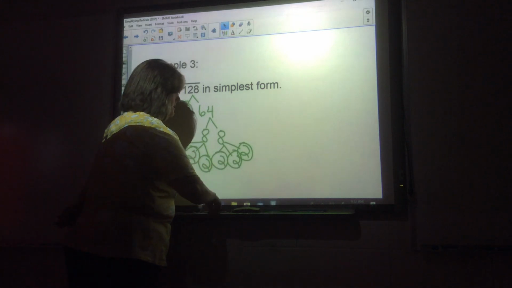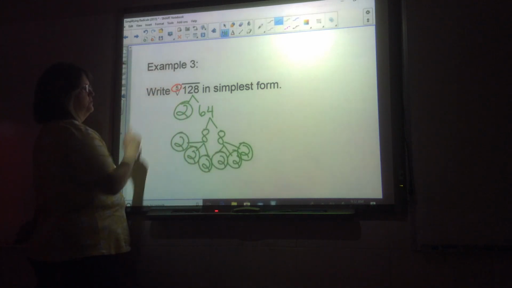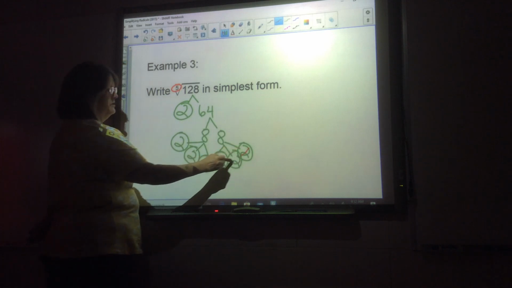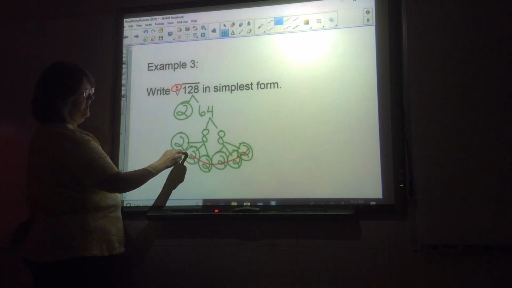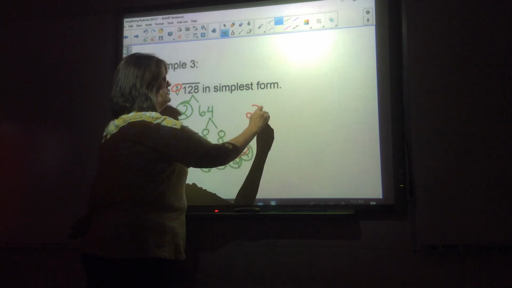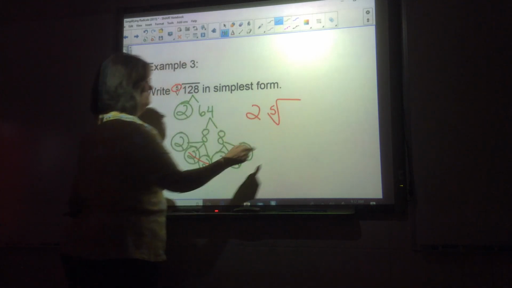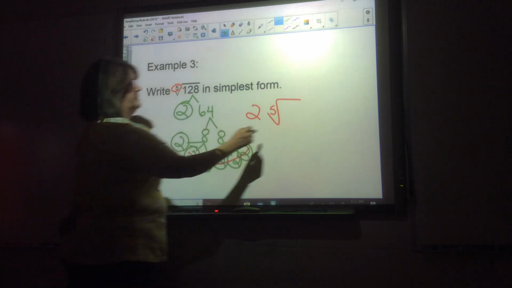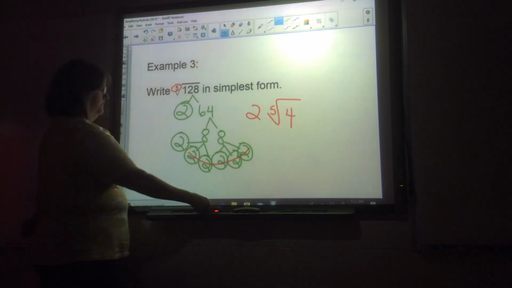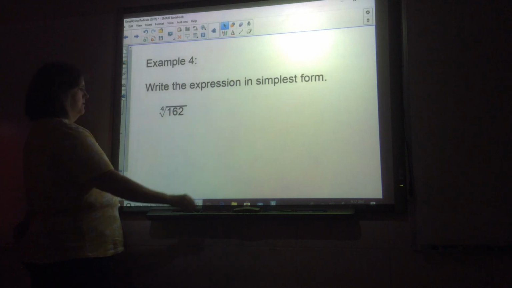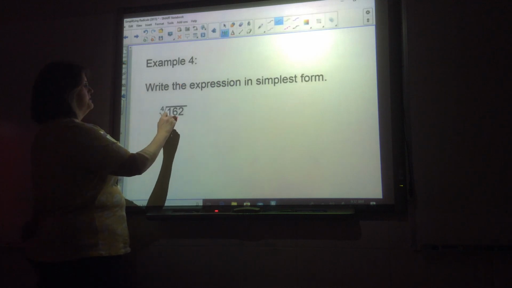All right. It takes 5 of the same number this time to bring one out of jail. So 1, 2, 3, 4, 5, right there. 1, 2, 3, 4, 5. So 2 comes out, 2 on the 5th root of, and then 2 times 2 stays inside. All right, the 4th root of 162.